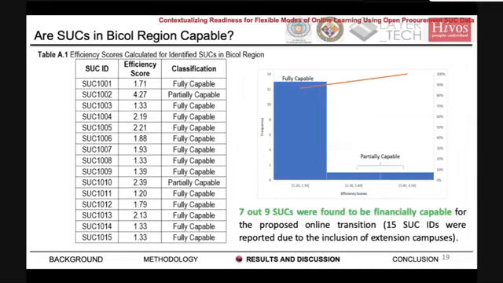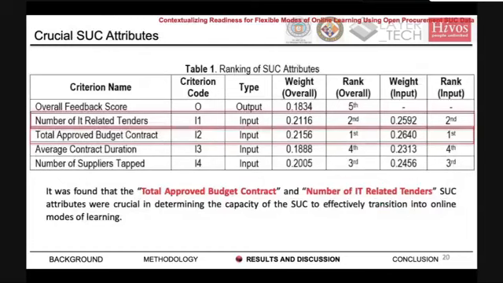Okay, so let us now move on to the crucial SUC attributes. This study ranked all identified SUC attributes using the mathematical model that was introduced earlier. The mathematical model is called the input and output model, for the information of everyone.